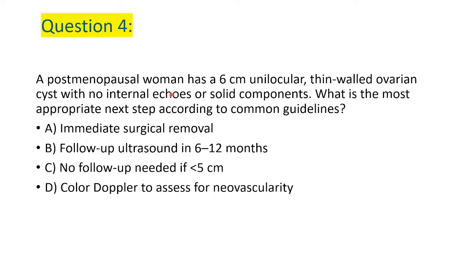So this is a sign that this is a benign lesion, not malignant. What is the most appropriate next step according to common guidelines? A, immediate surgical removal. B, follow-up ultrasound in 6 to 12 months. C, no follow-up needed if less than 5 centimeters. D, color Doppler to assess for neovascularity.